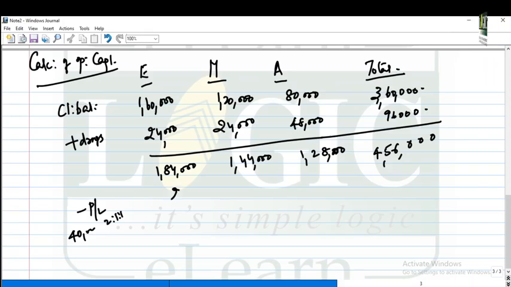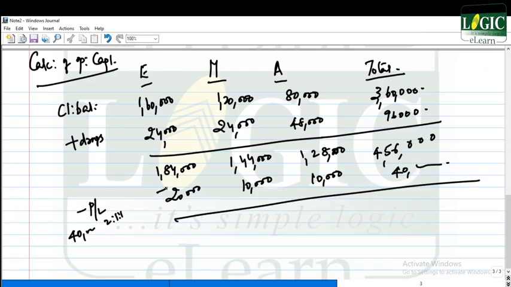So 40,000 means 20,000, 10,000, 10,000. Deducting, we get 1,64,000, 1,34,000, 1,18,000.